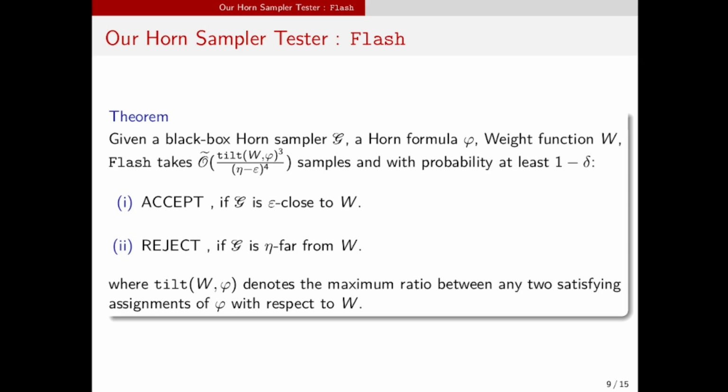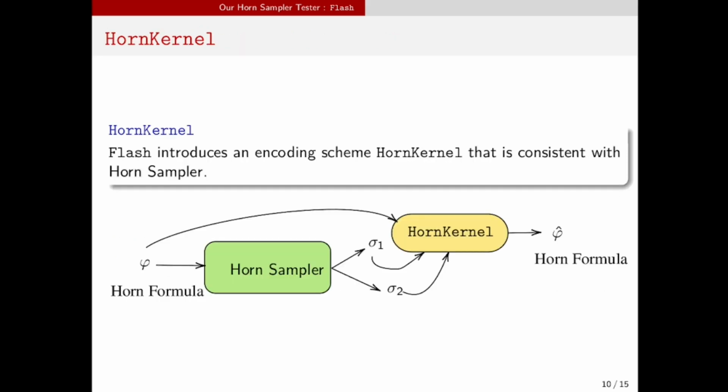With high probability, Flash accepts the Horn sampler G if it is epsilon-close to W, or rejects it if the Horn sampler is eta-far from W. By tilt we denote the maximum ratio between any two satisfying assignments of phi with respect to W.